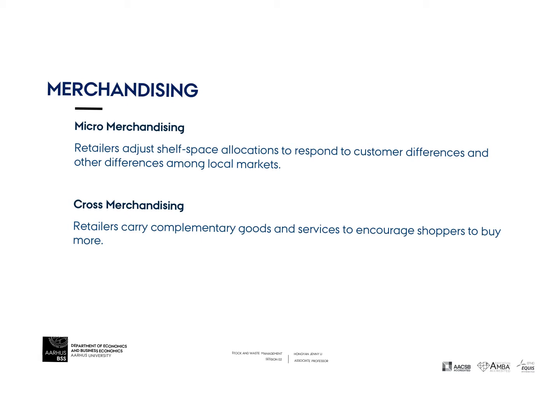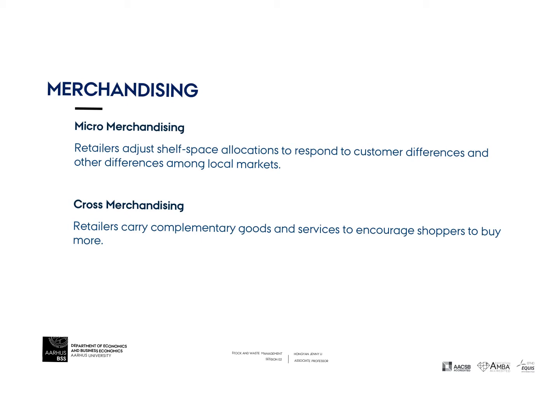Merchandise actually includes macro merchandise or cross merchandise. The macro can be easily understood if we talk about the store level, how to allocate the shelf space to the different items. And then we need to consider the customer differences and the other differences among the markets.